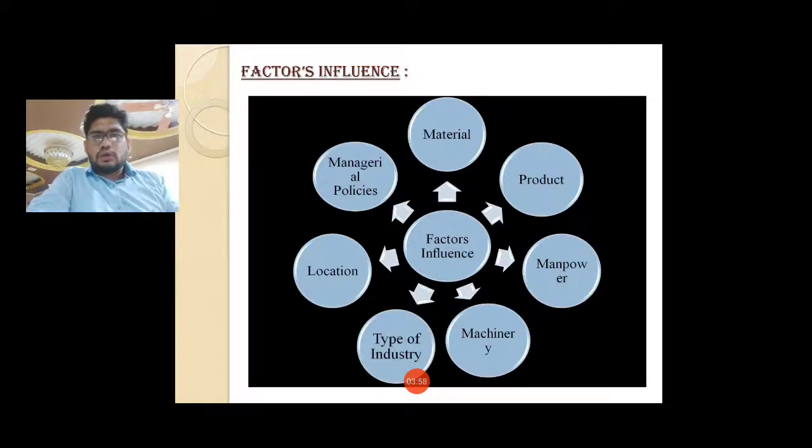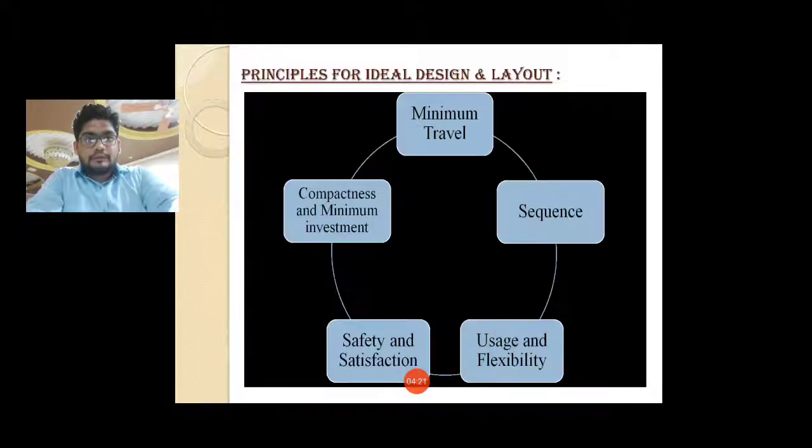So location plays a very vital role, and the third one, which is most important, is political acceptance as well, and the political influence of that particular location. And managerial policies. It comes under the state government and the central government, where the plant is being set up. These are the things which influence the factory layout and the final product which is going to come out from the company.